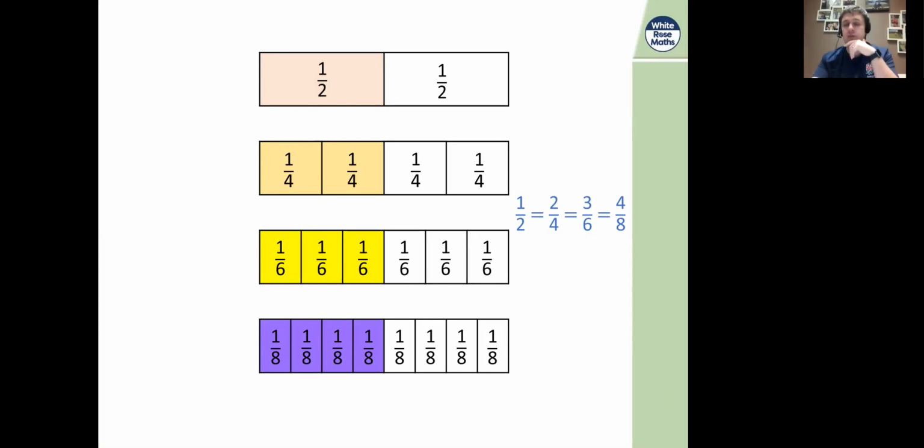Maybe this is just the ones that we've got on the screen. Maybe we could continue that on. Maybe you also notice that the numerator is half of the denominator for these fractions, because these were equivalent to a half, remember. So 1 is half of 2, 2 is half of 4, 3 is half of 6, 4 is half of 8. What would the next equivalent fraction in that sequence be? Perhaps you can scribble it down on your paper and show me when you do your portfolio submission.